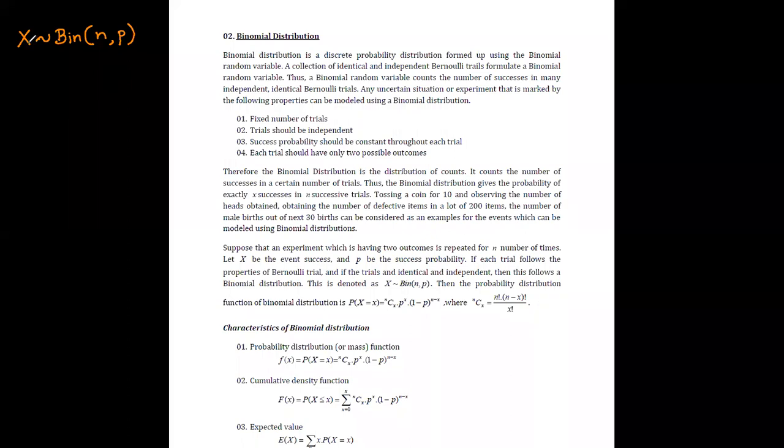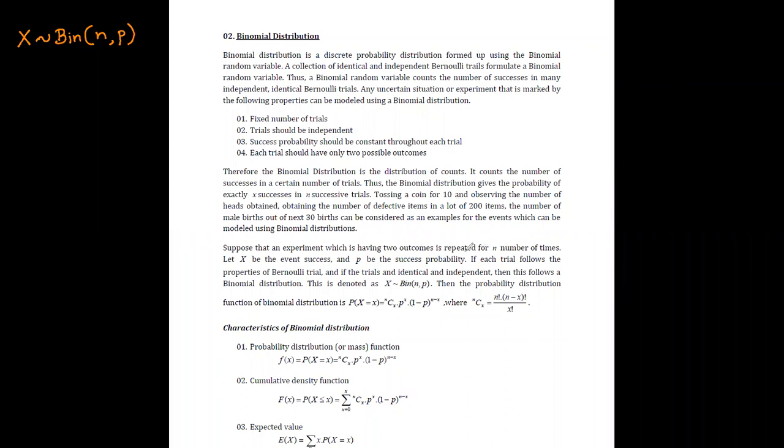Here this says that X follows a binomial distribution with n number of trials, and P is the success probability. X is the event of success, P is the success probability, and N is the number of times repeated, or we can simply say N is the number of trials.